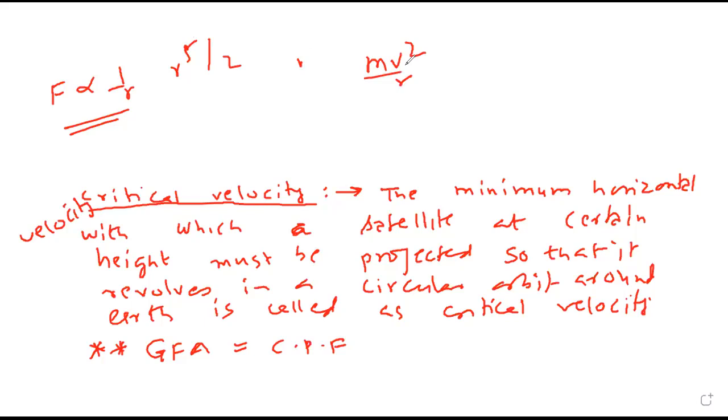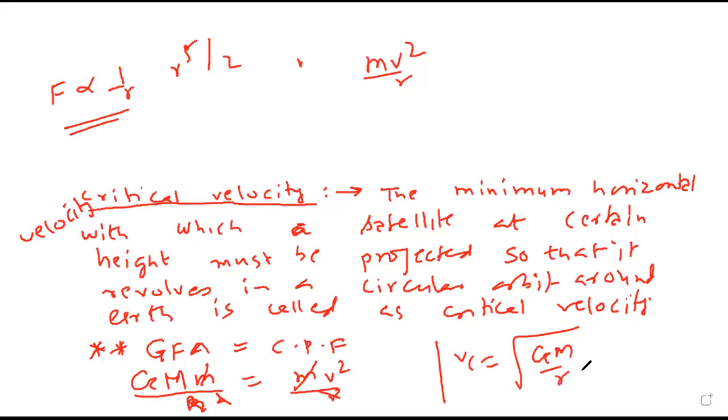Gravitational force of attraction is GMm upon r square. Centripetal force is mv square by r. I can cancel one r, so the critical velocity formula is root of GM by r for a satellite to perform circular motion around Earth. Copy.